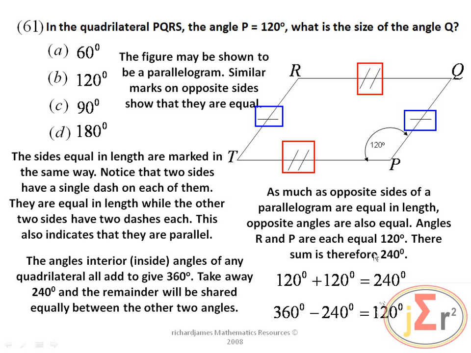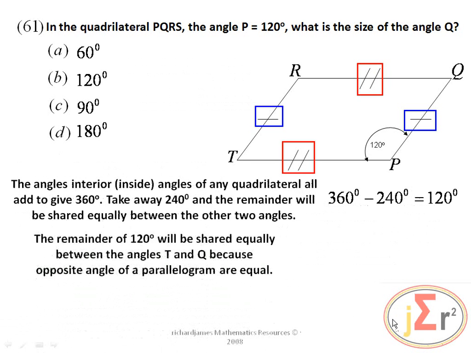So then, the two angles that we have right here, P and R, each equal to 120 degrees, we add them, which is 240. To find the angles that remain, we subtract 240 from 360, and that is going to give 120 degrees. The remainder of the 120 degrees will be shared equally between the angles T and Q, because opposite angles of a parallelogram are equal.